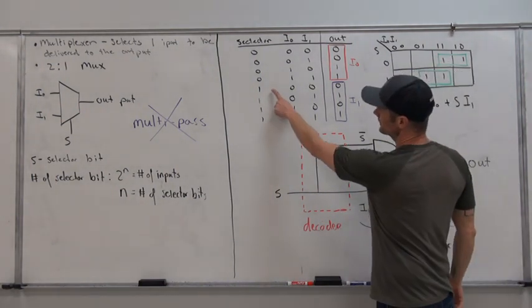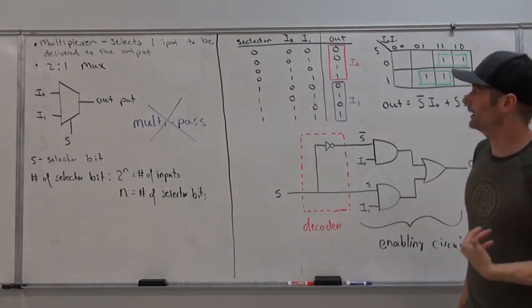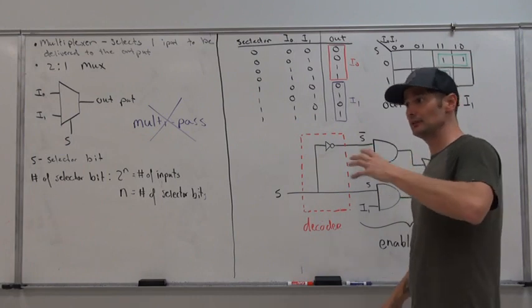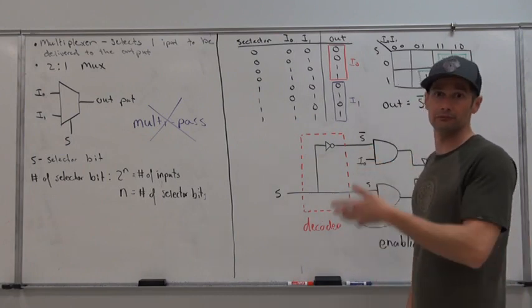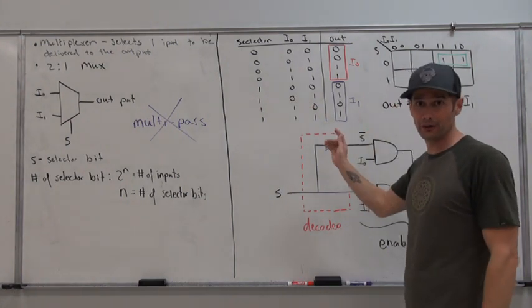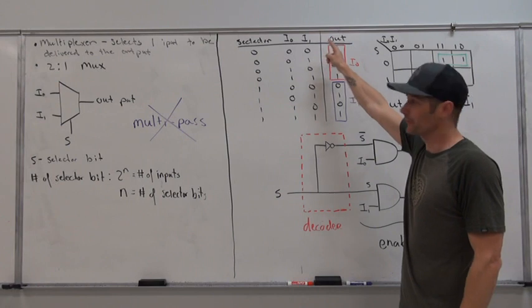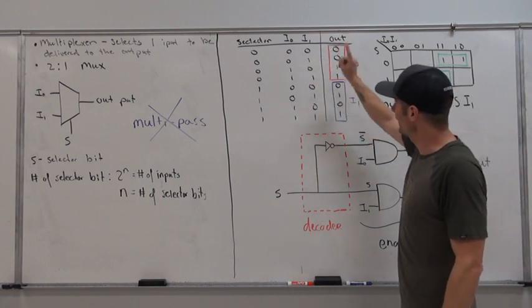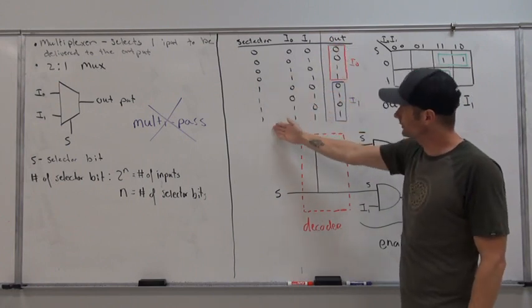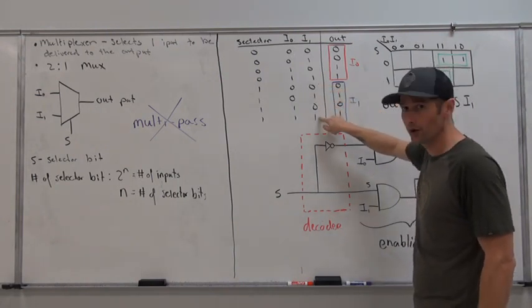When the selector bit goes high, the second option for how the selector bit can be 0 or 1, we want the output to be whatever I1 is. If we go down, we see that I1 with the selector bit high in the truth table is 0, 1, 0, 1.